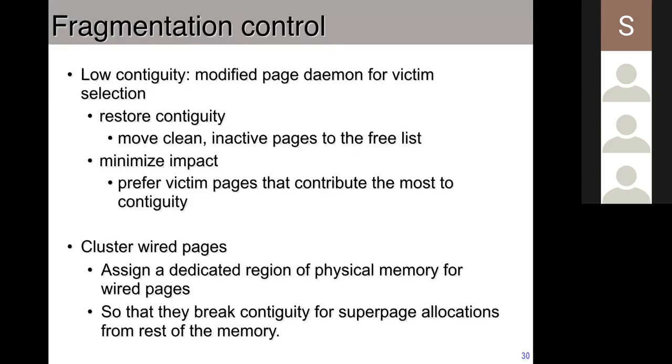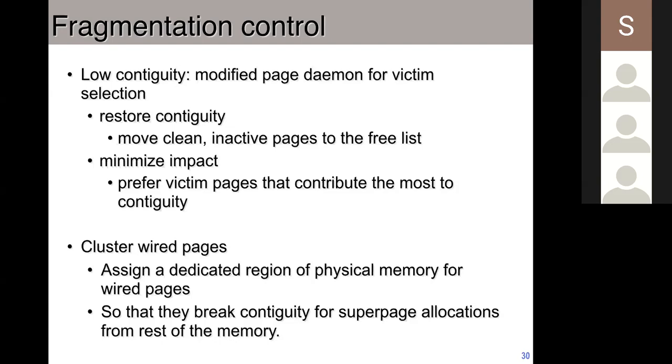So they observed this problem in their implementation, and then they suggested a solution: set aside a part of physical memory which is only used for DMA, right? That way the rest of the physical memory will be free for use in superpages.